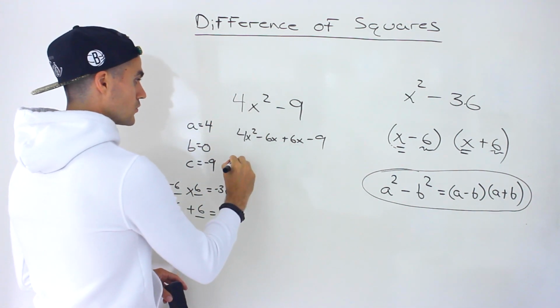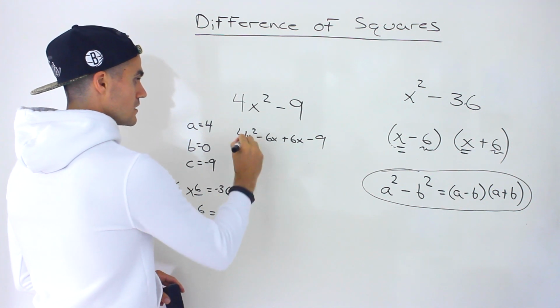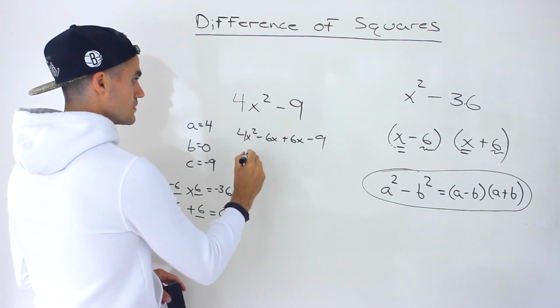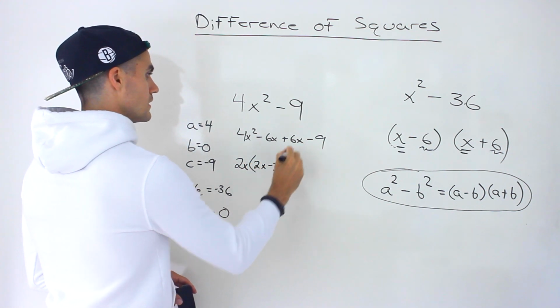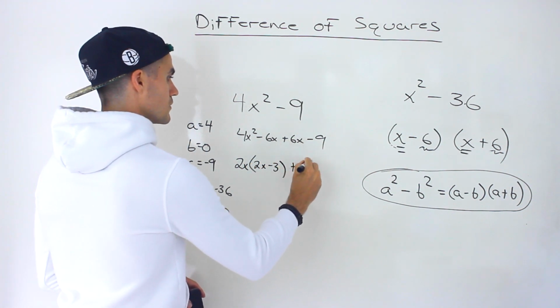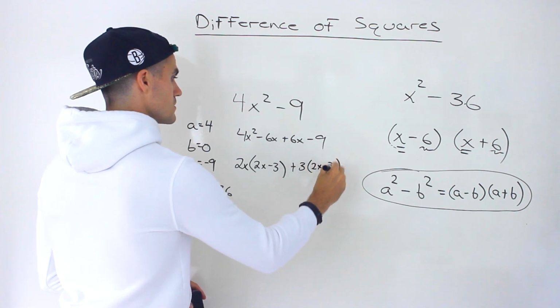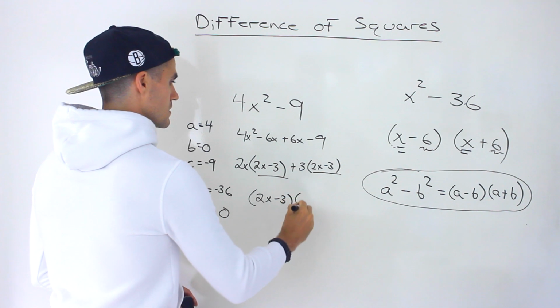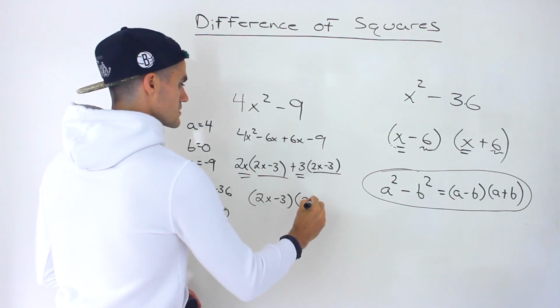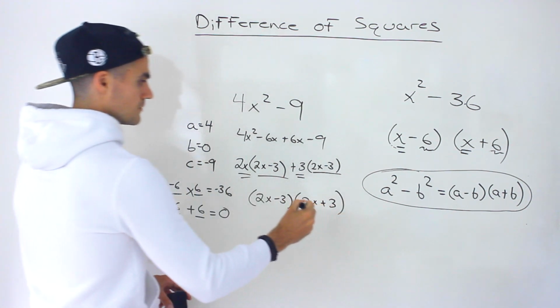From here, we factor by grouping. We could take out a 2x from these two, which would give us 2x minus 3. And then we could take out a 3 from these two, which would give us 2x minus 3. And then we could take out a 2x minus 3, and we're left with 2x plus 3.